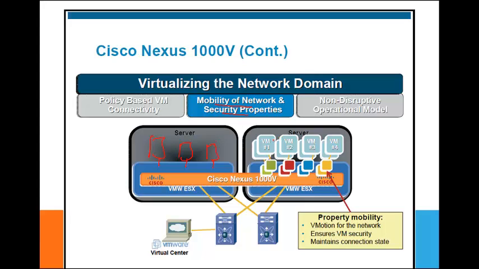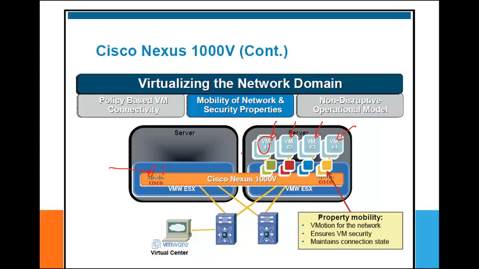How? The security policies are bound to the VM itself, not to the physical. Anyway, there is no physical port. We have just VMs. We have only vNICs. We are not going to bind any policy to vNICs. Rather, we bind it to the VMs itself.